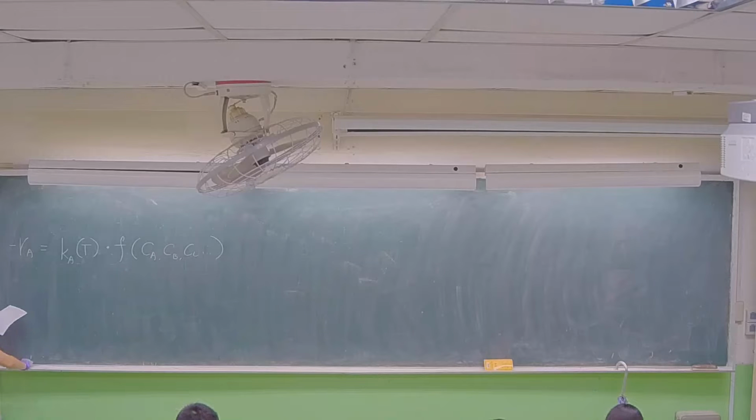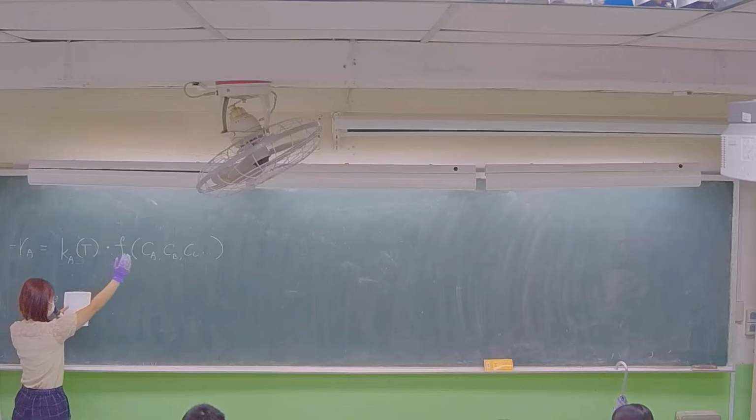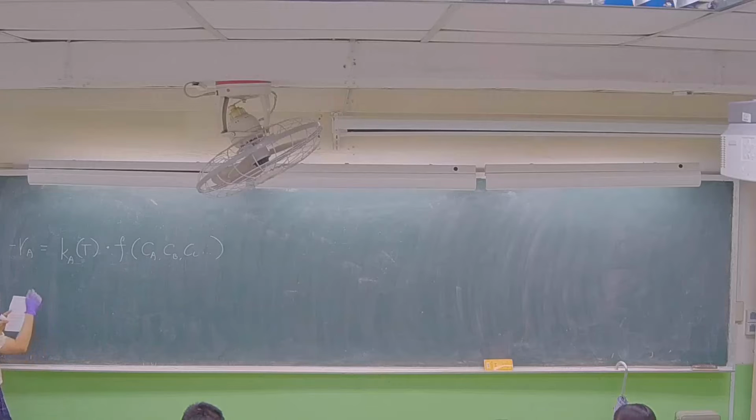So to write a rate law, you need a rate constant. You need a function of concentration. So minus RA is called the rate of disappearance of A. And what is the rate law? Rate law is an equation that relates minus RA to concentration. So rate law is like this.